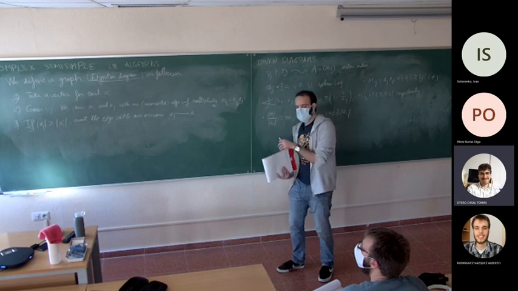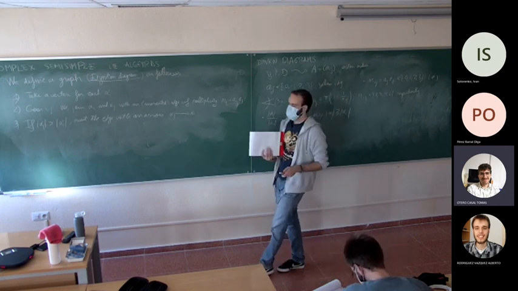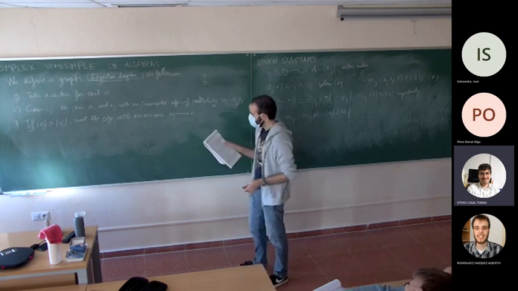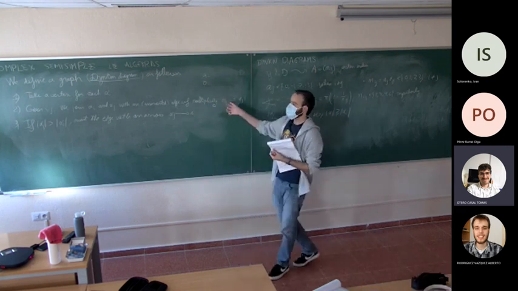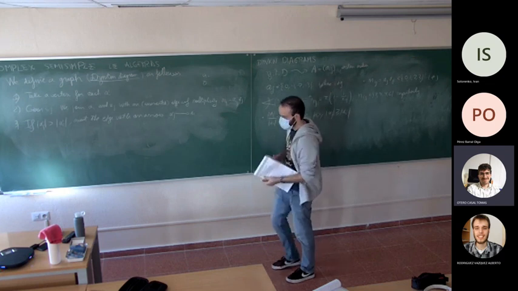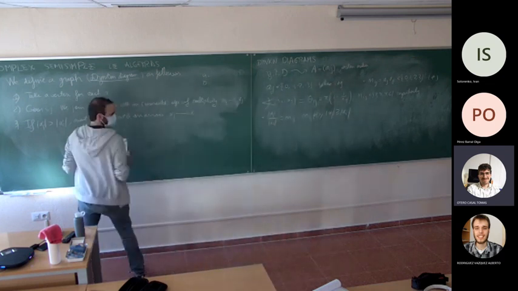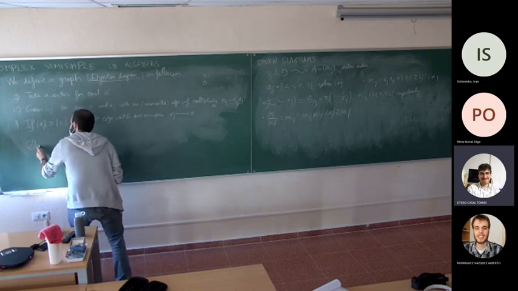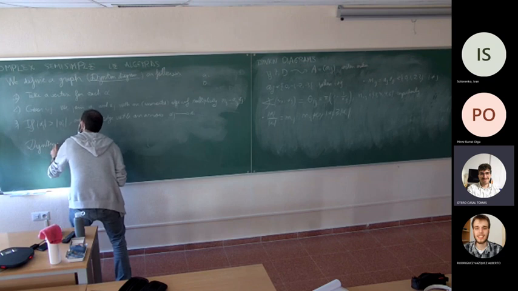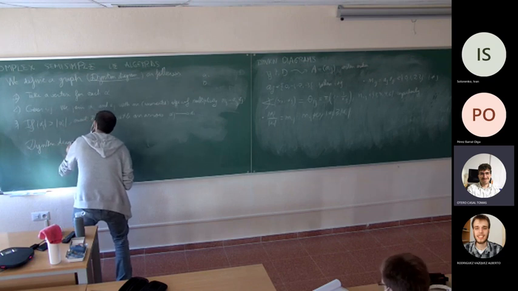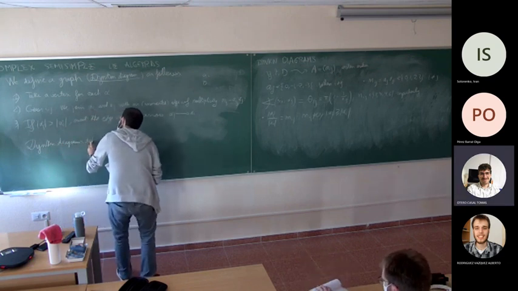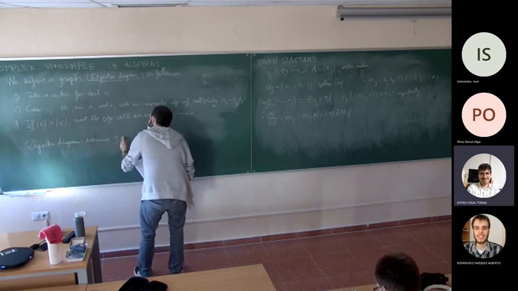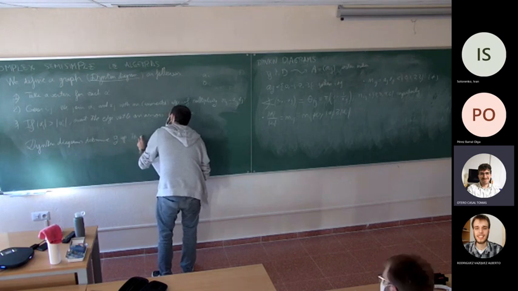So I'm identifying the simple roots with the nodes. I'll write something like this. And this information is exactly the same as the one we have in the Cartan matrix. So as a consequence, the Dynkin diagrams determine the Lie algebra g up to isomorphism.